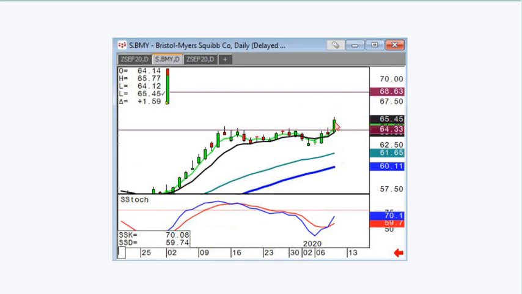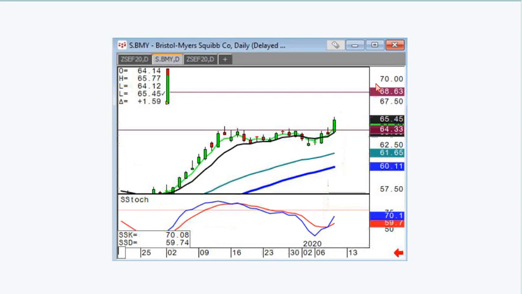Well, I've got a couple different strategies. If I want to buy something up here as far as an out of the money inexpensive call with the anticipation that it could go right through that level, that's one way to do it. If I'm more conservative, I'm buying the 65s.